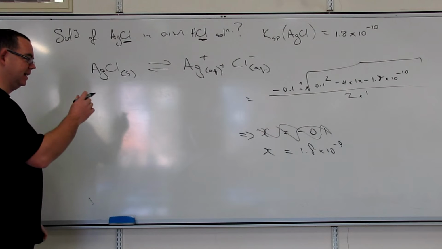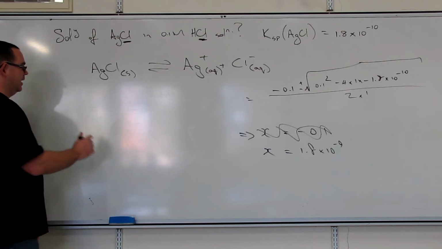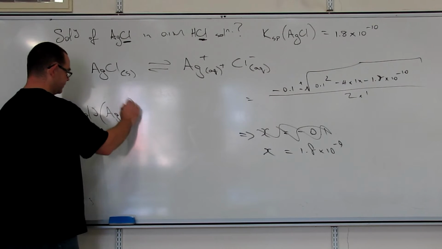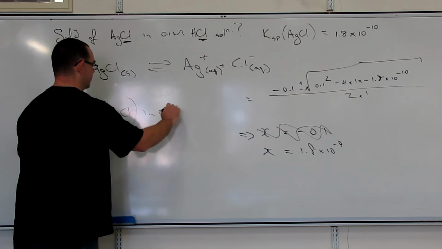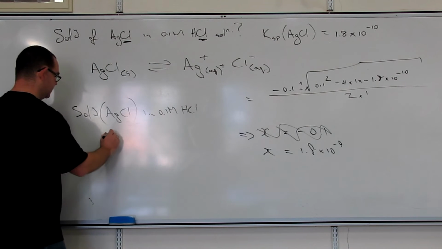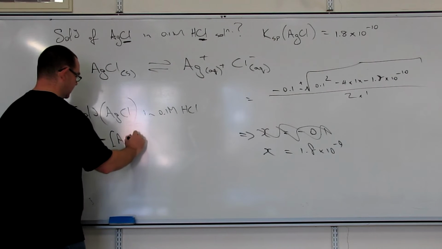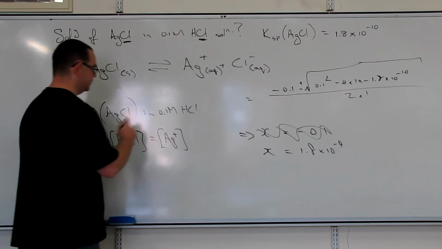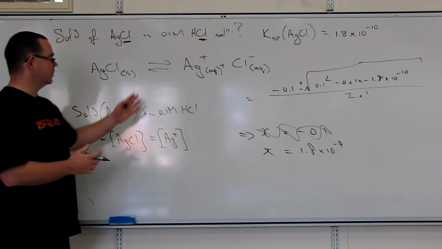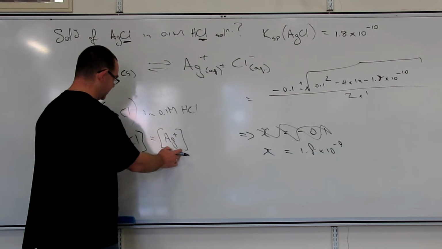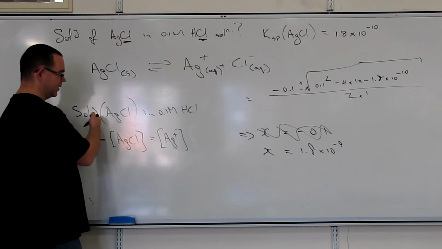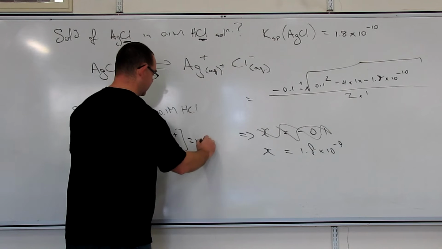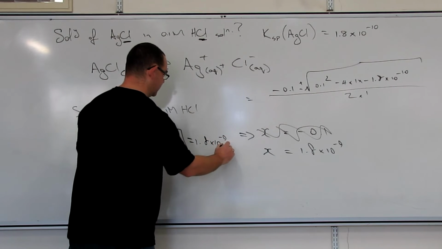So you need to do one more statement: the solubility of your silver chloride in your 0.1 molar HCl is equal to the concentration of the silver chloride, which is equal to the concentration of your silver ions. And remember, we said let x mole dissolve, so we're finding the concentration of that, which is your solubility, which is what the question asked about, and we just found it. It's 1.8 by 10 to the minus 9 molar.